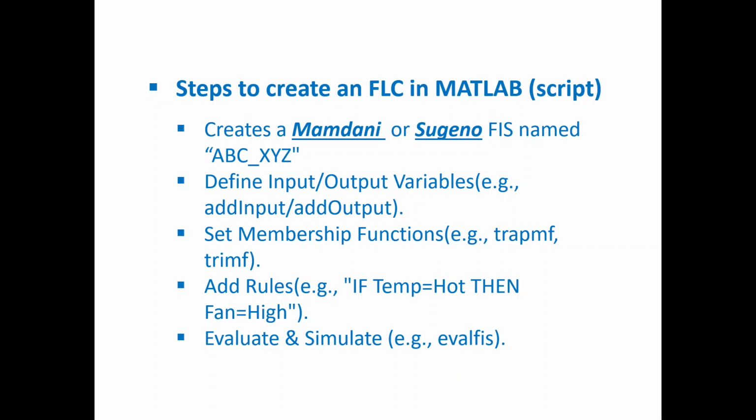Like here, temperature is equal to hot happens to be the antecedent, and fan is equal to high is referred to as the consequence. We link the antecedent to the consequence by making use of the if-then statement.